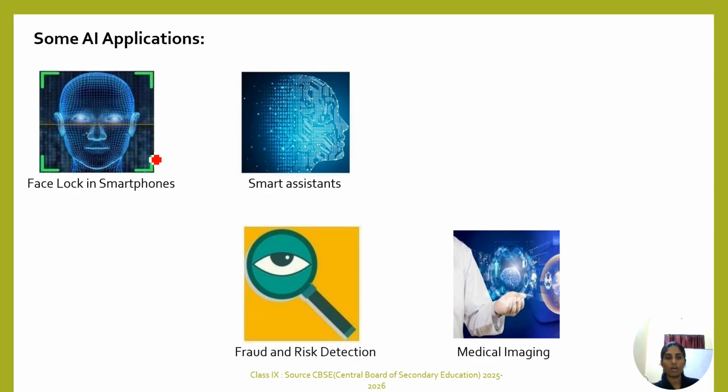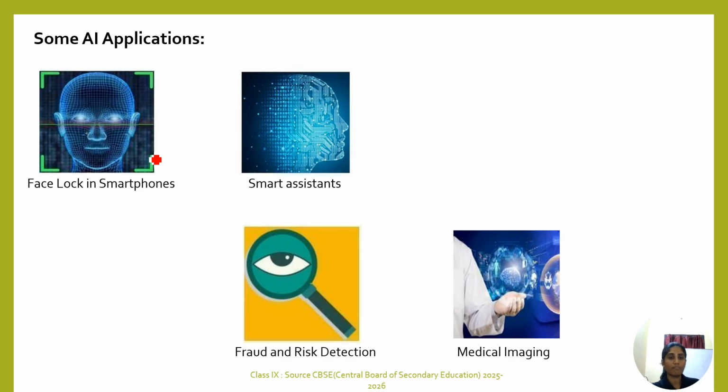And the third one is fraud and risk detection. Fraud and risk detection is used mainly in financial institutions and companies like banks, where there is a lot of numerical data, or where the data is very important and cannot be leaked outside.